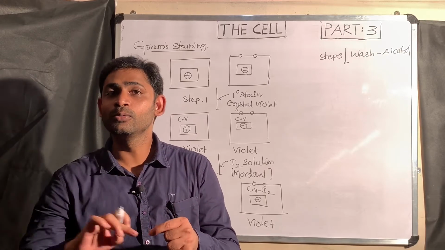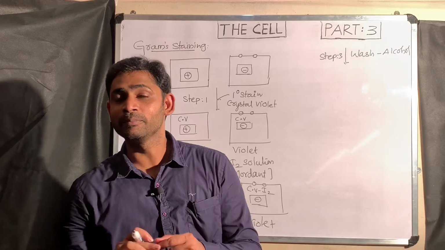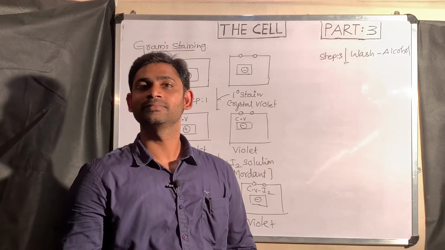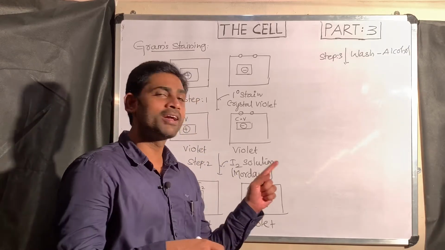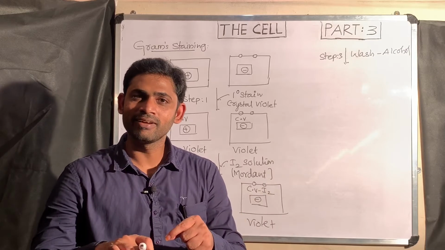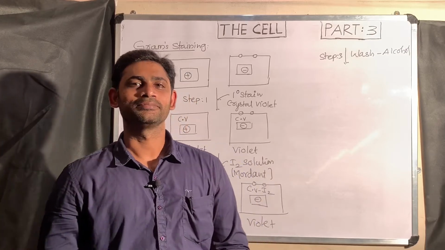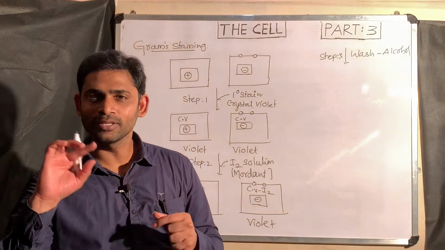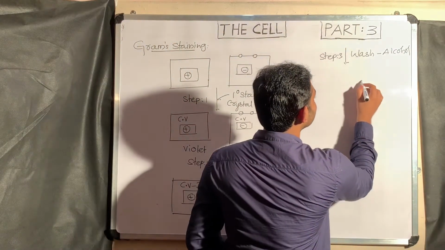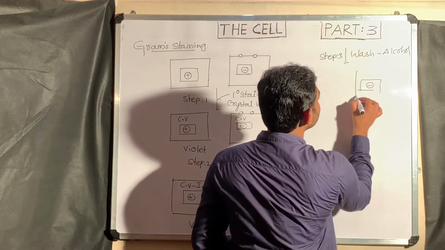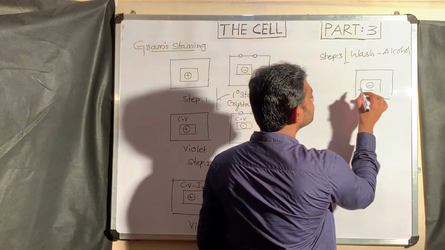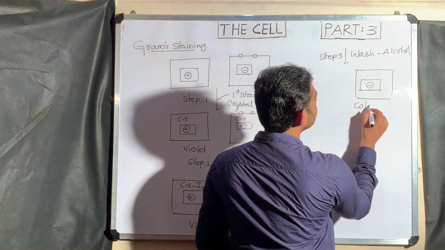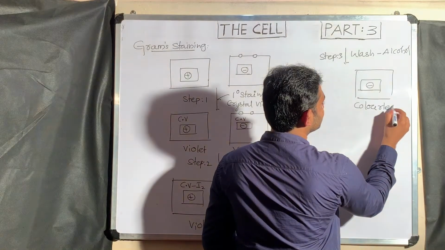Along with the alcohol, the lipids are coming, and in the lipids the crystal violet iodine is also there. That crystal violet iodine also comes out. That means after washing with alcohol, this gram-negative bacteria lost the crystal violet. That means it becomes colorless.